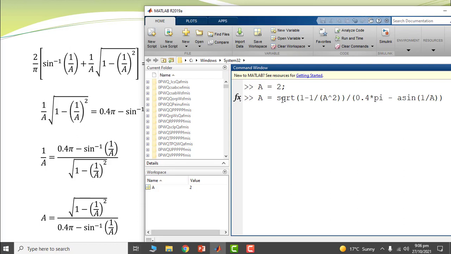So I have an initial guess for a, and I have written this relation into MATLAB, and this will give me a new value of a.